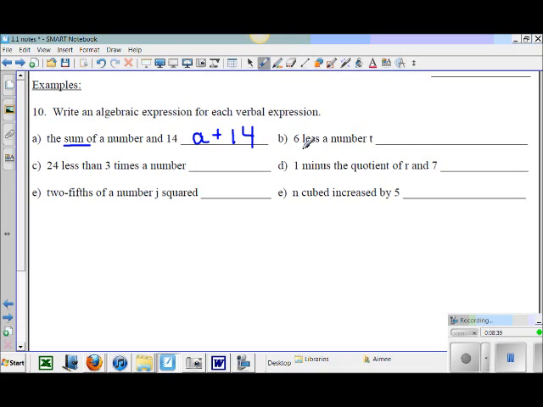Now, previously I said we had to be careful with less versus less than. So in example B, I have 6 less a number T. If I have 6 and I want less a number T, that means I'm going to have the 6 first. I'm going to go in order. In example C now, we have 24 less than 3 times a number.